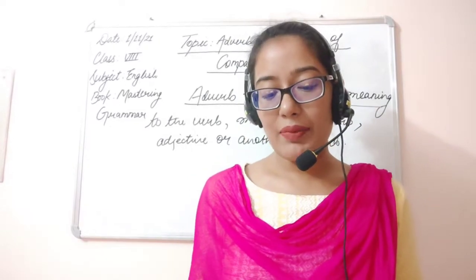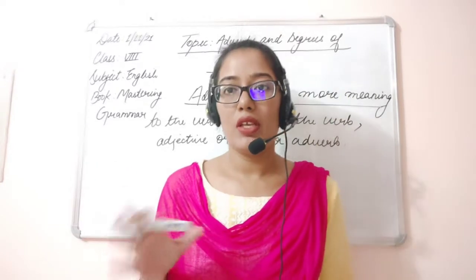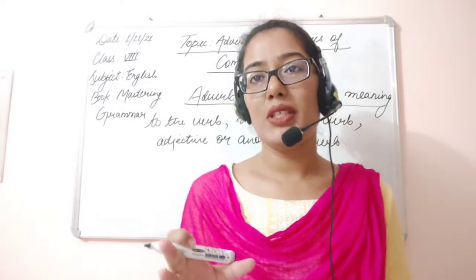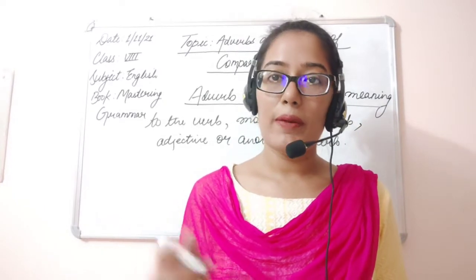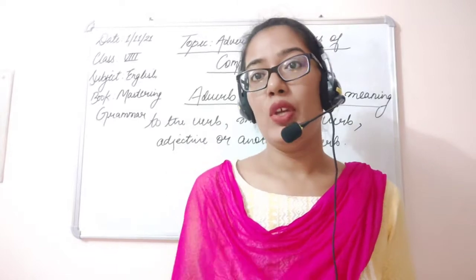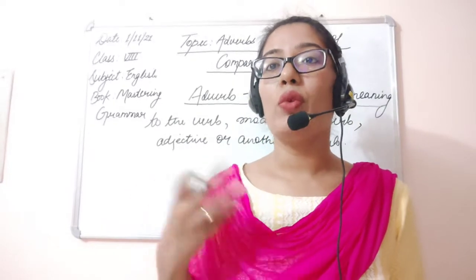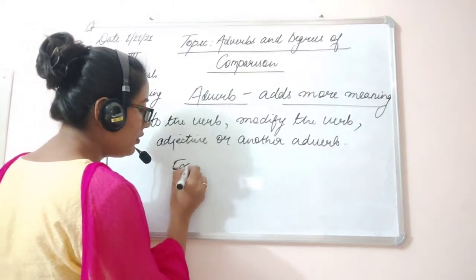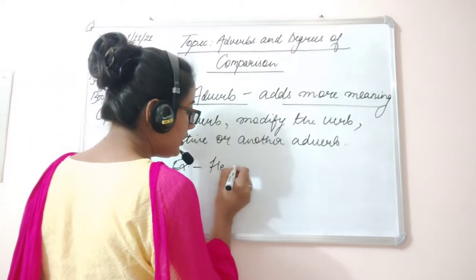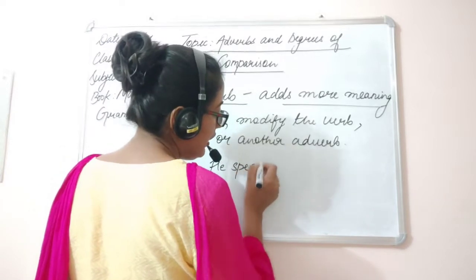Now, for example, he speaks clearly. So he speaks, speaks is a verb. And when you say he speaks clearly, you are modifying that verb. Example, he speaks. ये एक जनरल बात है.